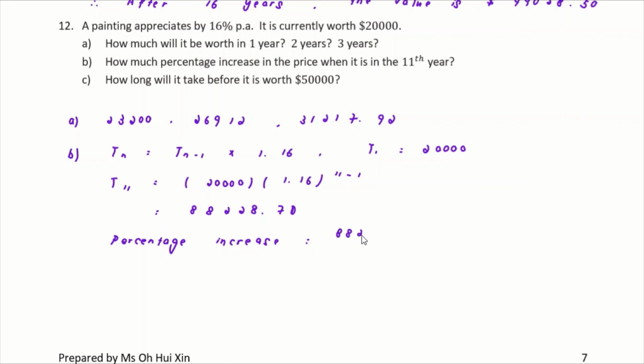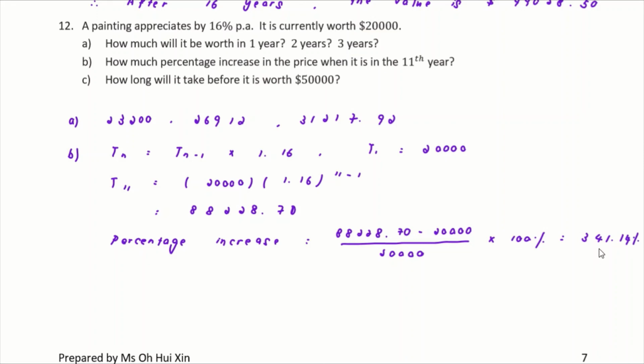So 88,228.70, then minus off the original value, then you can find out how much value it increased. Then after that, divide by the original value so you can get the percentage of increment, then times 100%. Remember to times 100% now, so you can get 341.14%. So you see the value actually increased quite a lot here.